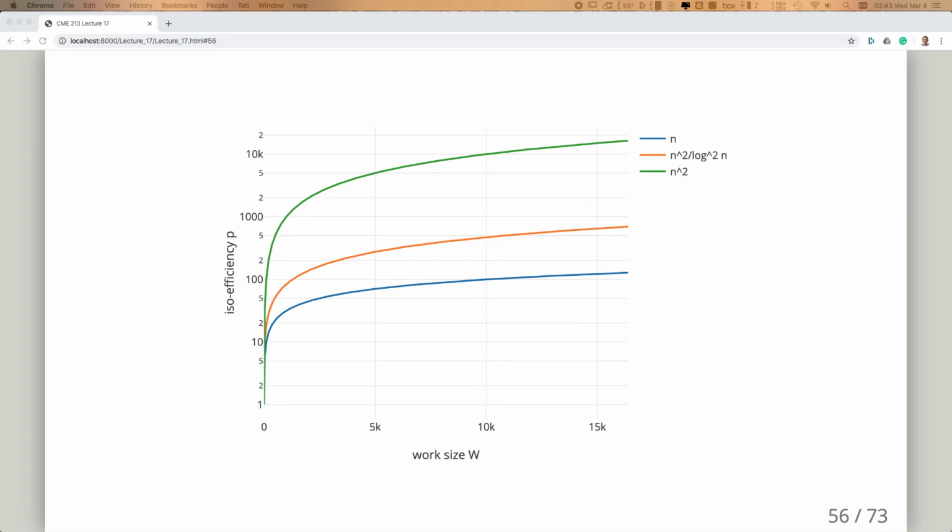Here, for example, this is n, or the work size, and this is P as a function of n, the isoefficiency curve versus the work size. For row partitioning, it's n, this guy. For 2D blocking, it's n squared divided by log n squared, and the green is just n squared. So 2D partitioning is higher than row partitioning.